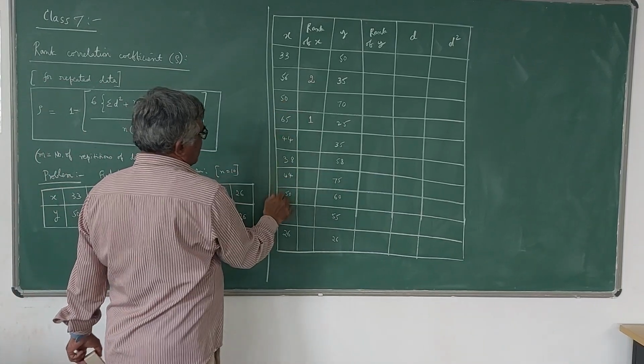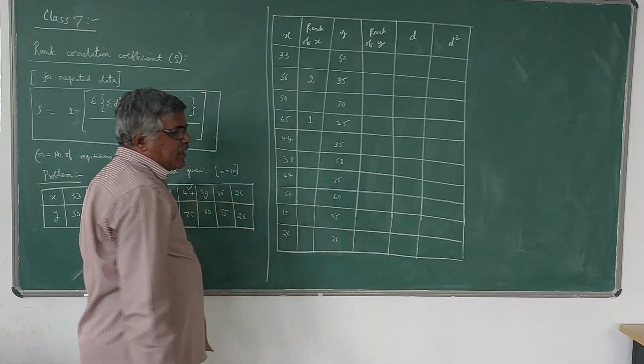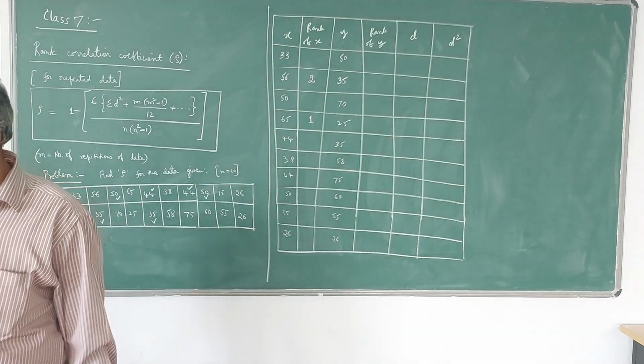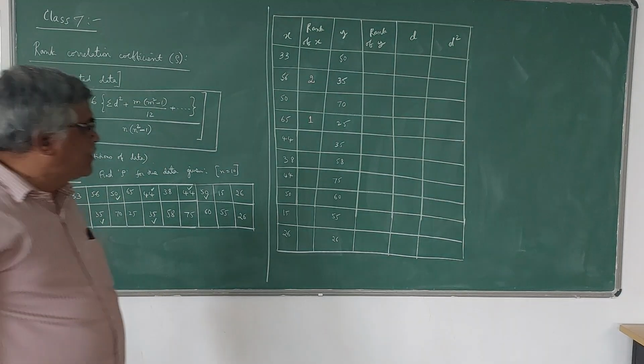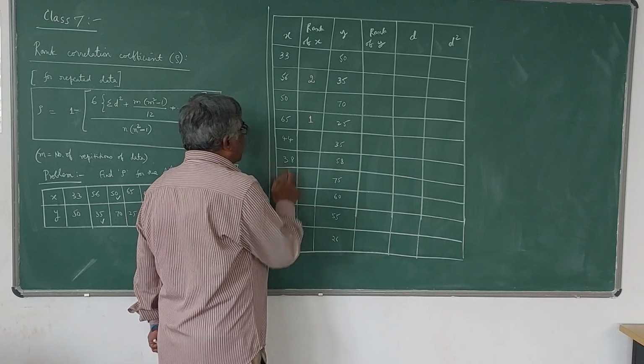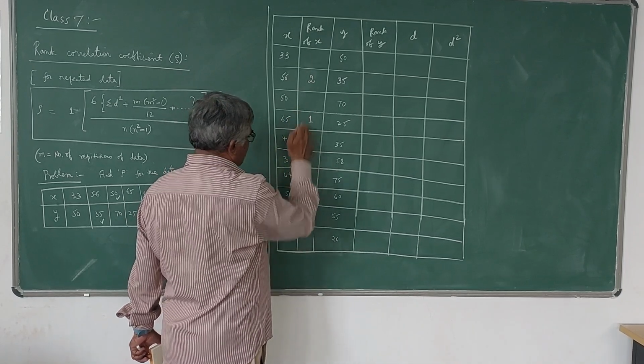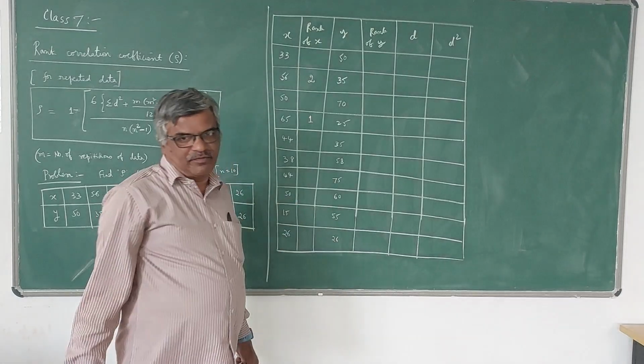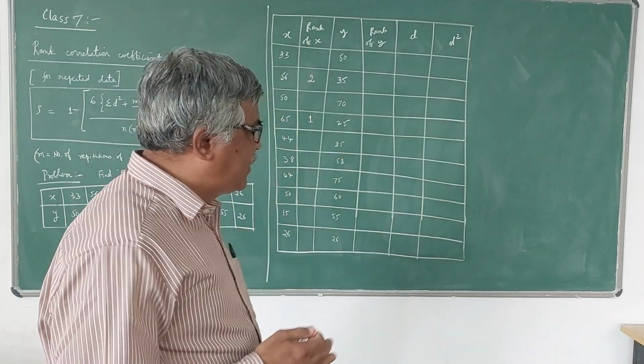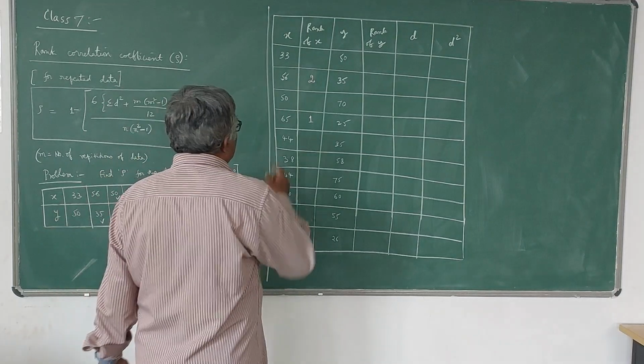If I take 3 and 4 as the rank numbers for these two, the average is 3.5. Since there are two repeating values, you have to take the average.